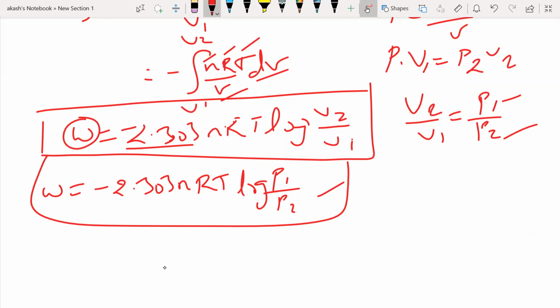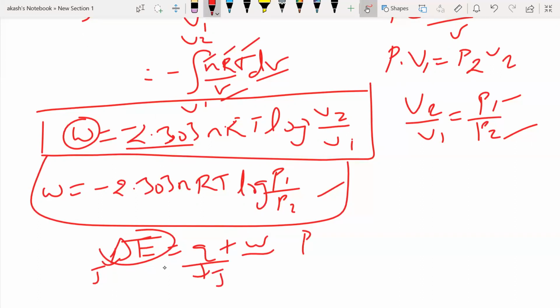Now there is one small thing I want to tell you guys. When I go for this first law, you know that this particular thing will be in joules. This will also be in joules, and if you use PV, that is P external delta V, or just PV, what will you get?